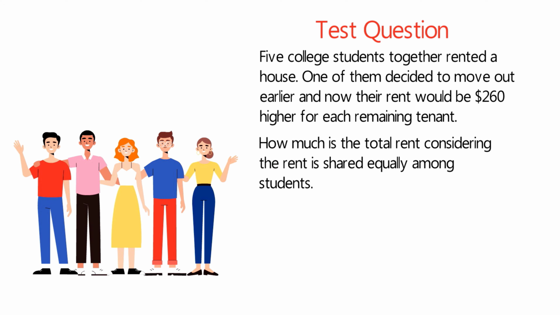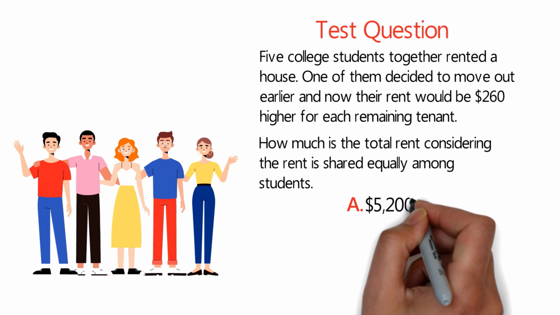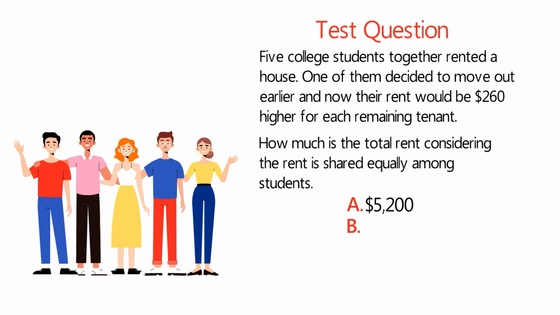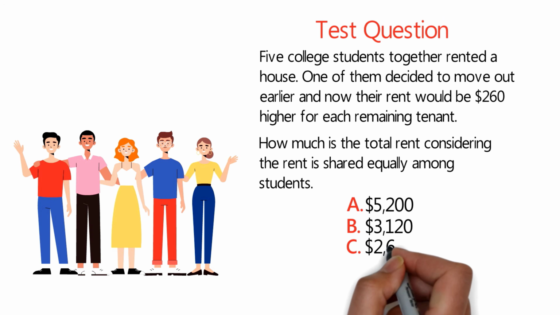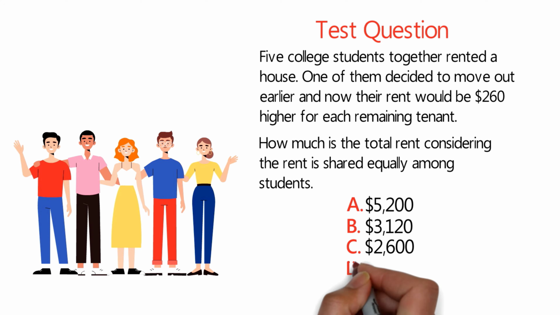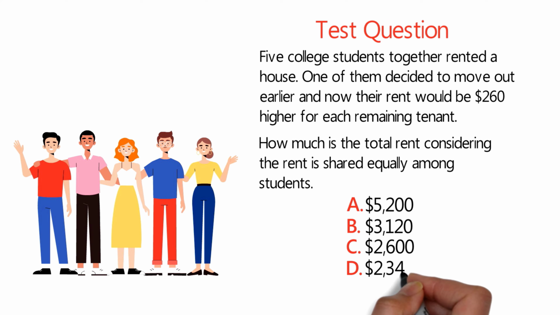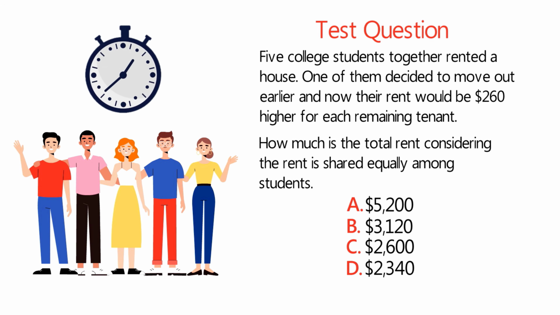And you're presented with 4 different choices. Choice A, $5,200. Choice B, $3,120. Choice C, $2,600. And choice D, $2,340. Give yourself 20 to 30 seconds.